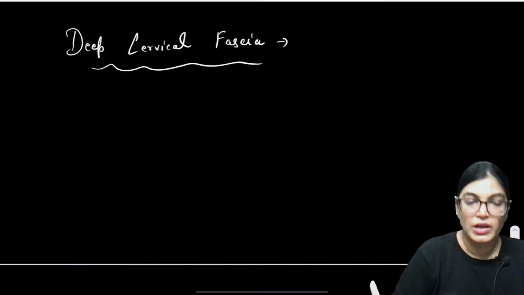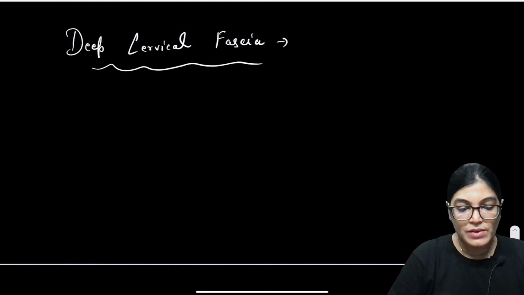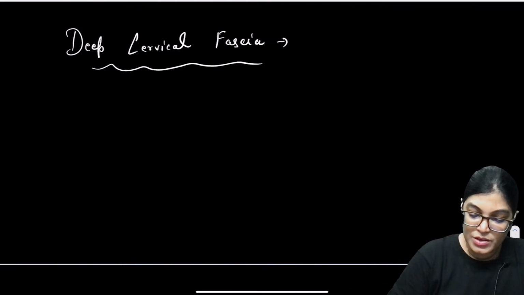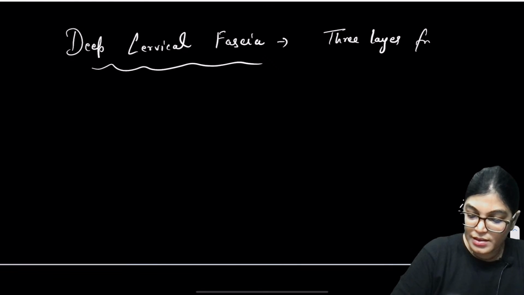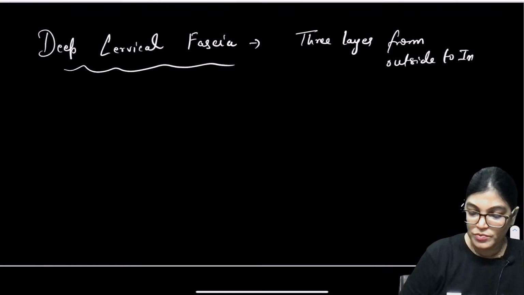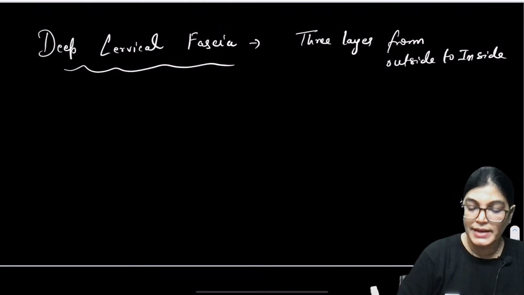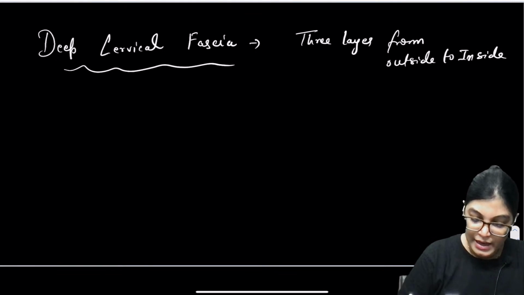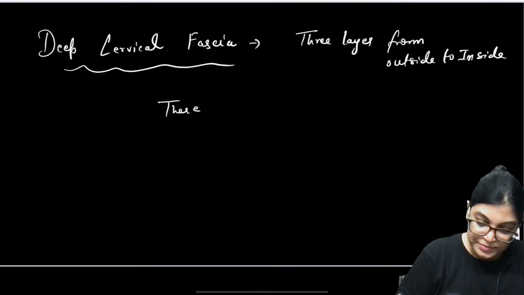When we are talking about deep cervical fascia, in general it is described as formed of 3 layers from outside to inside.